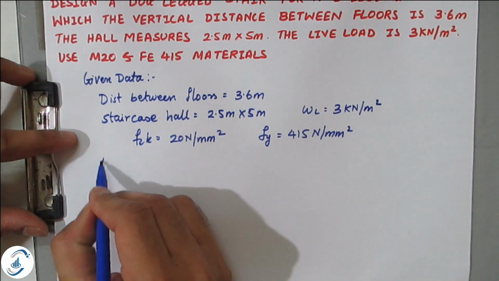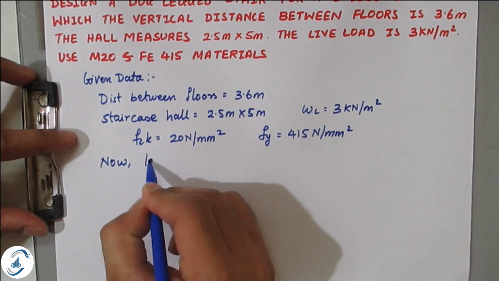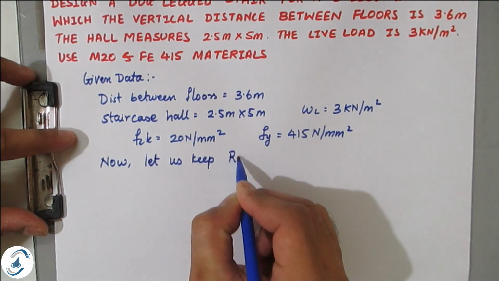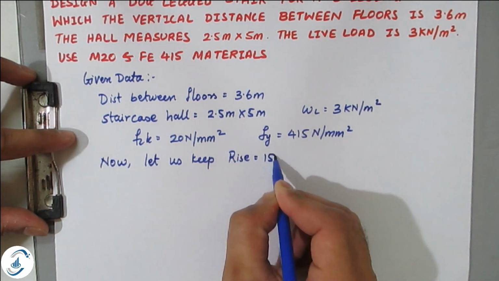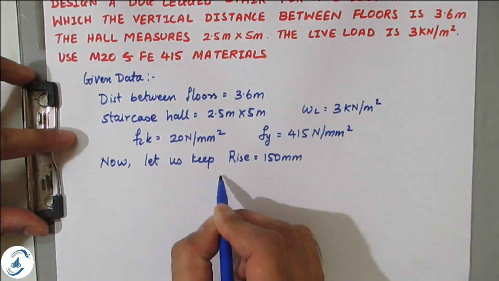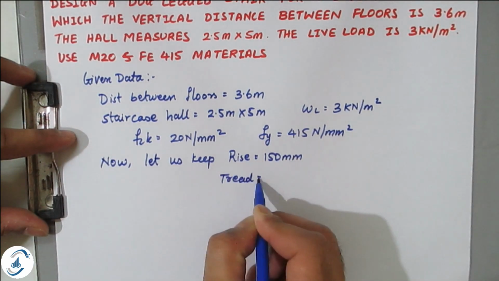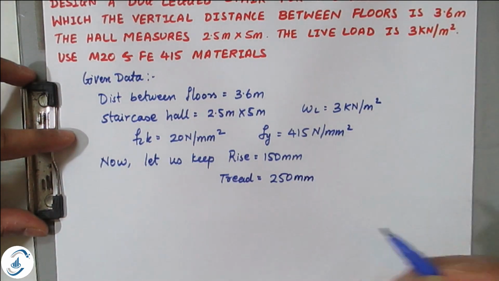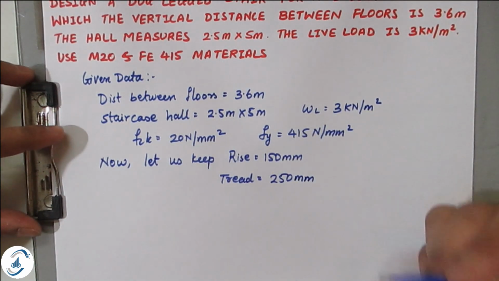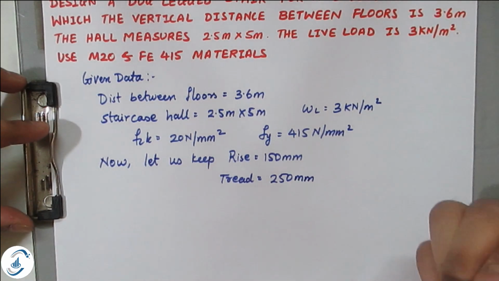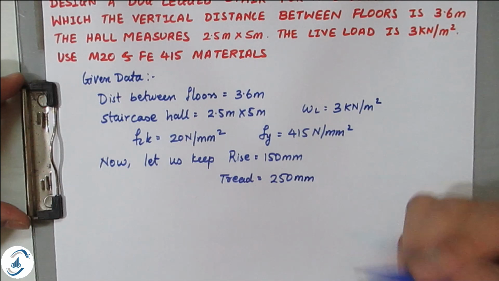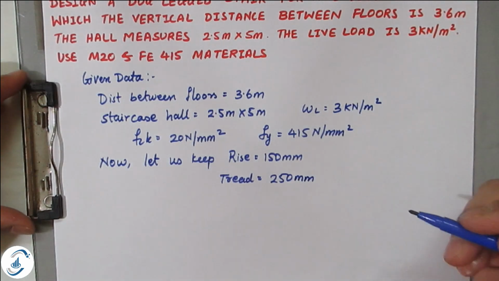So let us keep rise equal to 150 mm and tread equal to 250 mm. This depends upon the engineers who are designing this staircase, and with the requirements of the client you can fix the rise and tread.